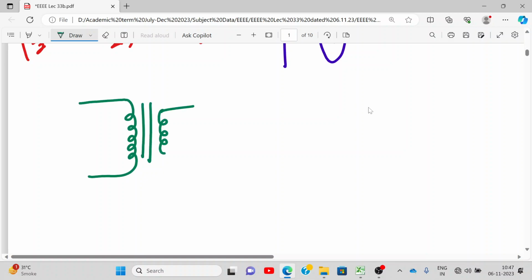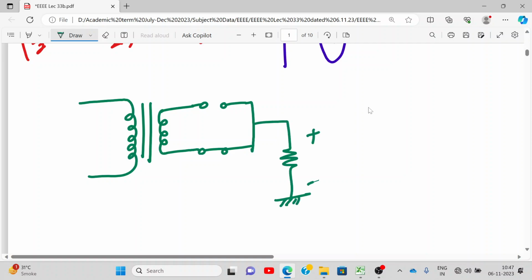So let's draw the circuit again over here quickly, everyone. So this is off, D1 is off, D2 is on. And here we have V out, RL. And here it is center tapping.